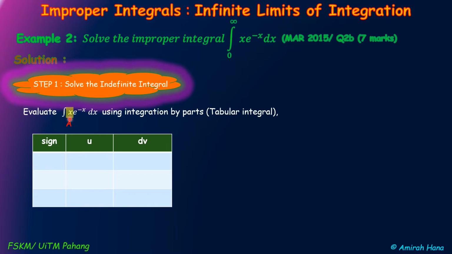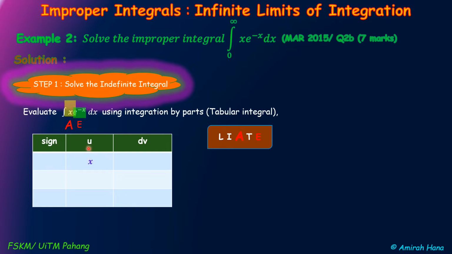From x here, x is an algebraic function, so we denote it as A. e to the power of negative x is an exponential function, so we denote it as E. From the LIATE rule, you can see that A comes first, so we can choose u equals A. Our A now is x.